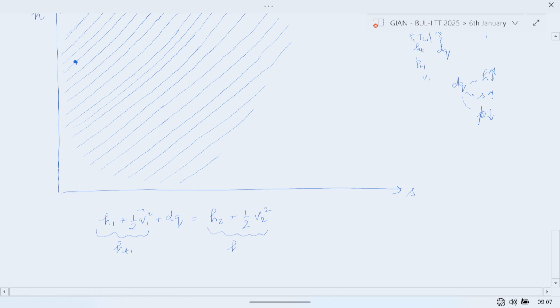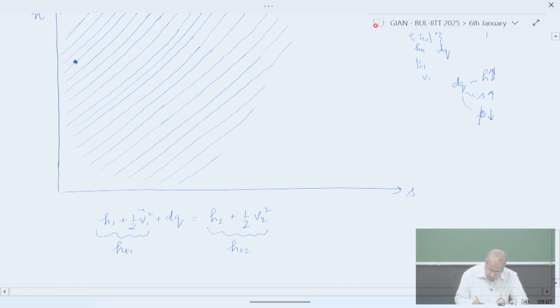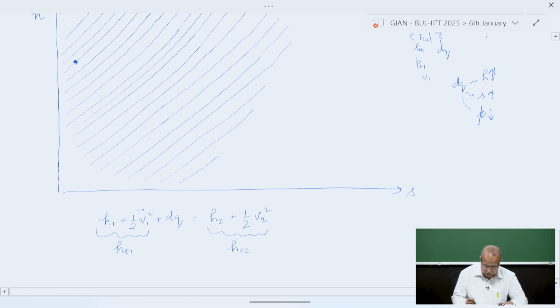This is total enthalpy HT2. Now what I'm going to do is keep the enthalpy term separate and the kinetic energy term separate. So I can write here dq is equal to delta H plus delta KE. This is clear for all of you.